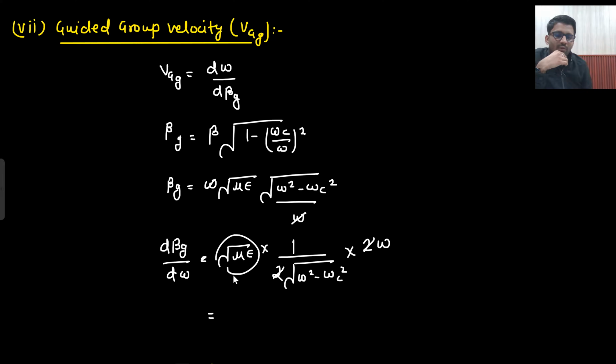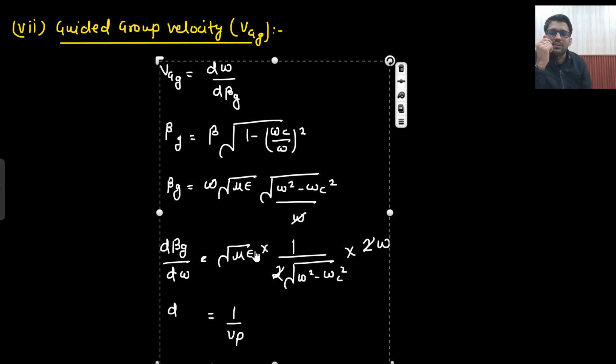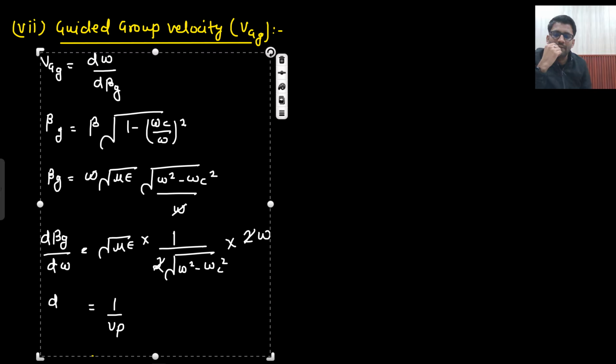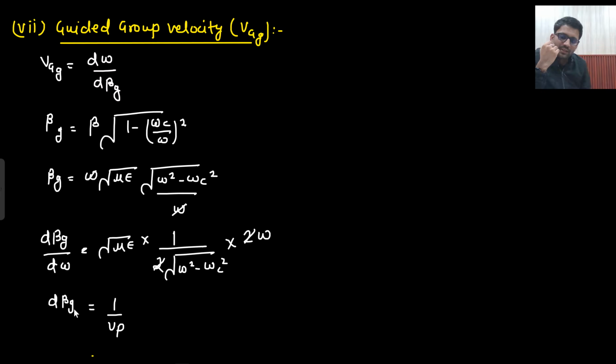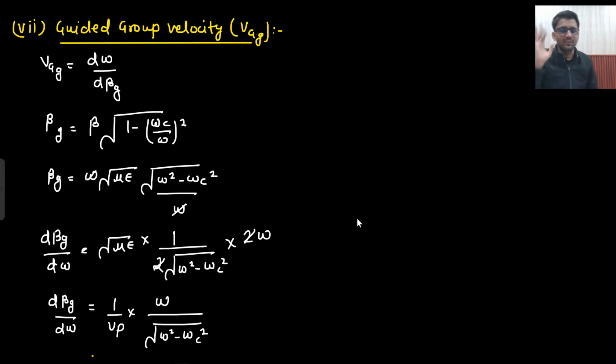Now what is under root mu epsilon? Is it 1 by Vp? Yes, it is. So let's take this derivation here. d beta g divided by d omega is 1 by Vp, since under root mu epsilon is 1 by Vp, into omega upon under root omega square minus omega c square.